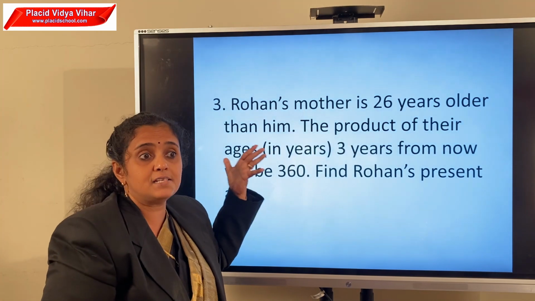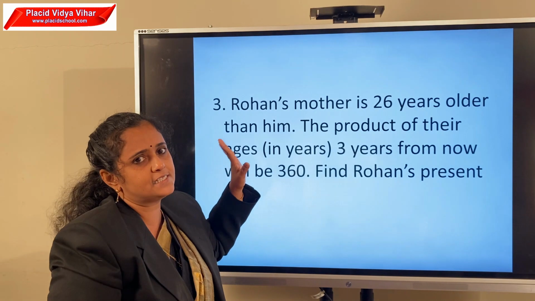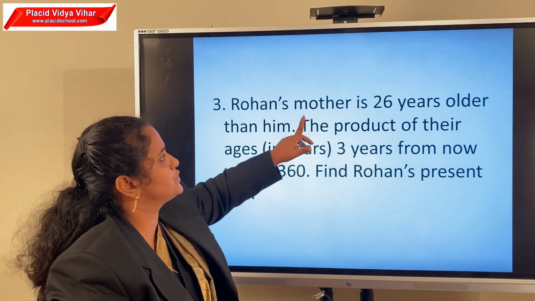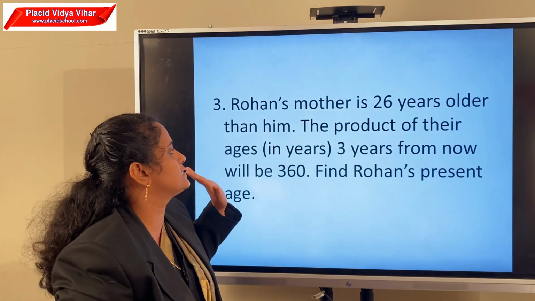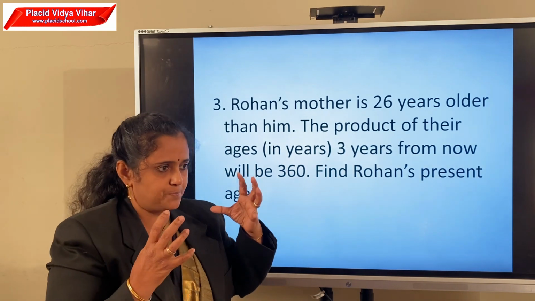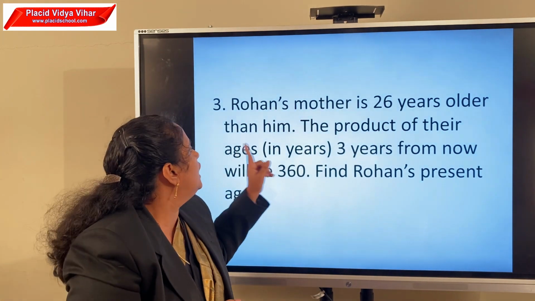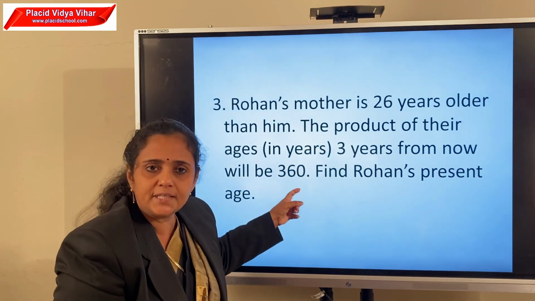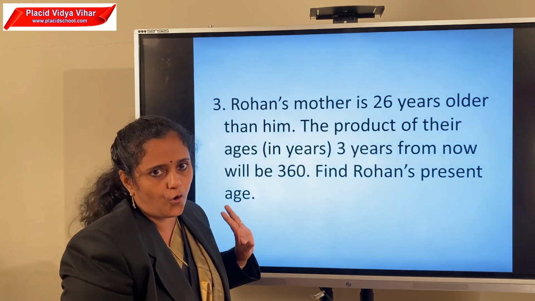Let Rohan's age be x. What is his mother's age? His mother's age is 26 years older, that means x plus 26. The product of these two, Rohan's age into his mother's age, is equal to 360. Then we can find Rohan's present age.